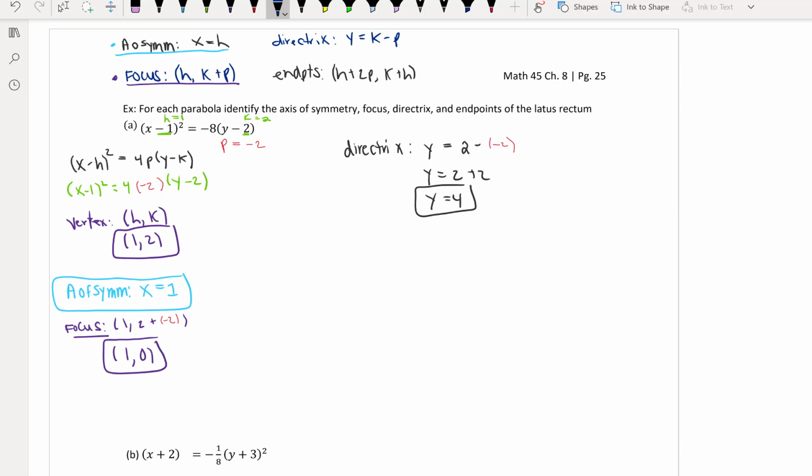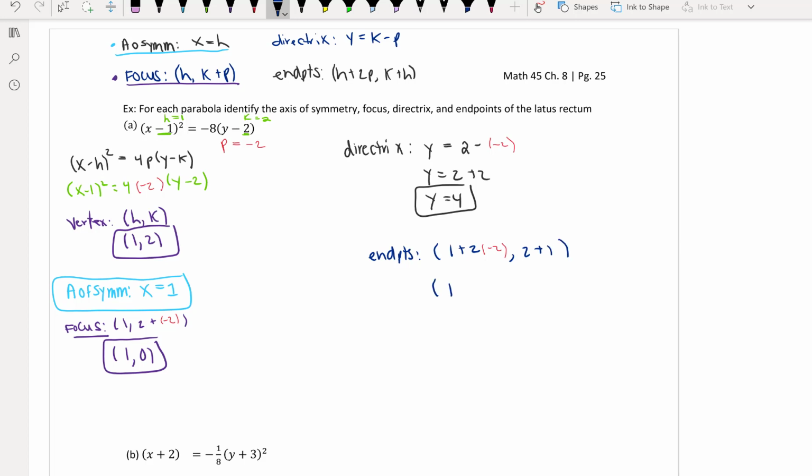And it looks like the last thing I'm going to be wanting is my endpoints. So my endpoints, I have h, which is 1, plus 2 times my p-value, which is a negative 2. And then I have k, which is 2, plus my h value, which is 1.